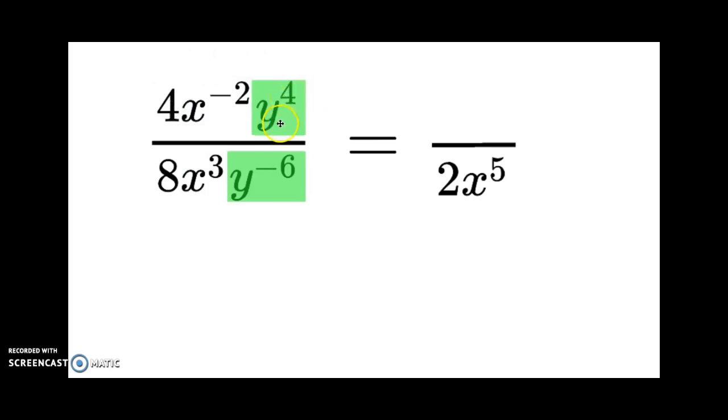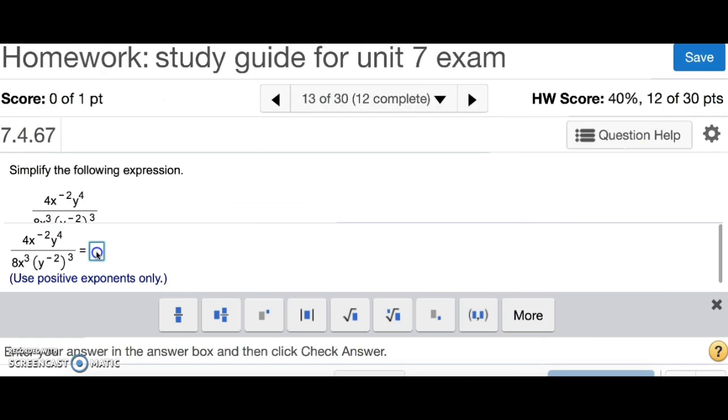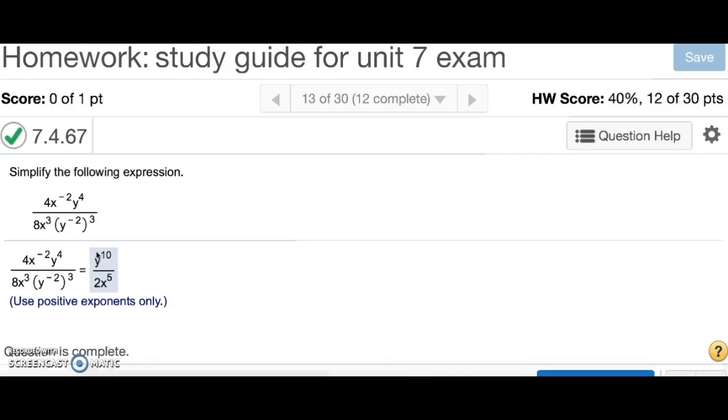We have 4 minus a negative 6, which gives you 4 plus 6, which is 10. The larger exponent is up top, so y to the 10th power. So that's going to be my answer: y to the 10 over 2x to the 5th. So typing that in, I have y to the 10 over 2x to the 5th. And that's number 13.